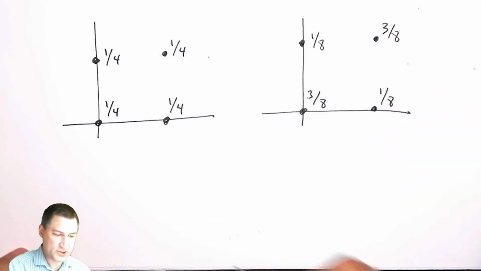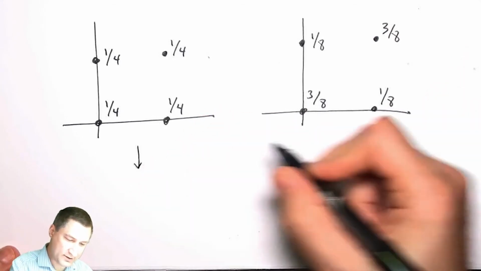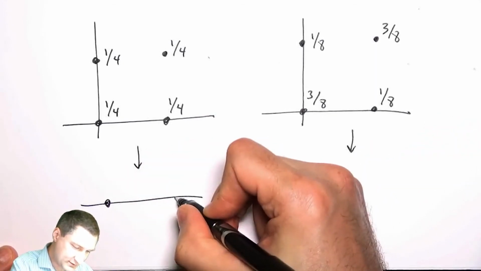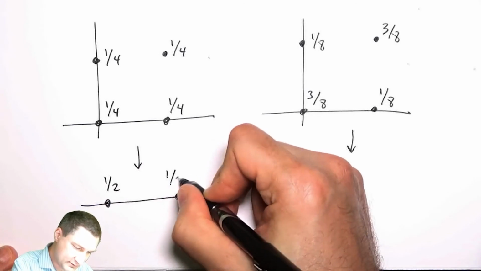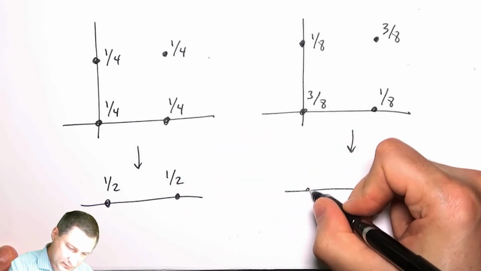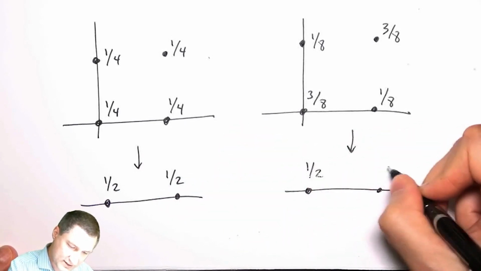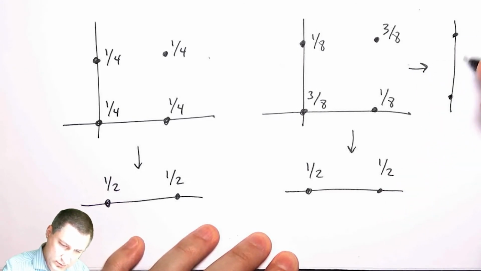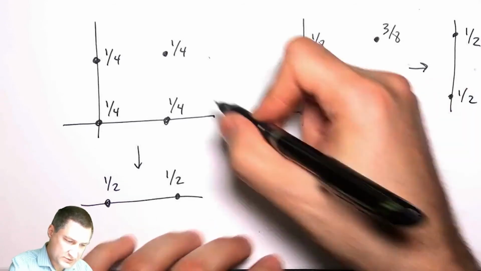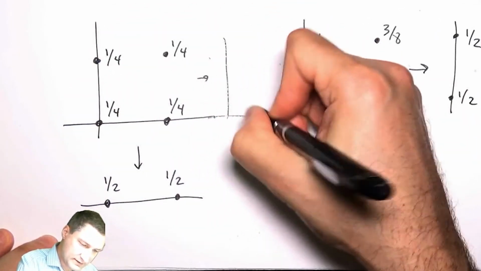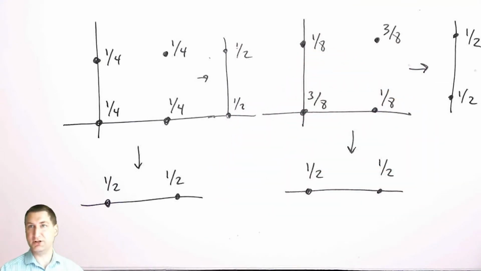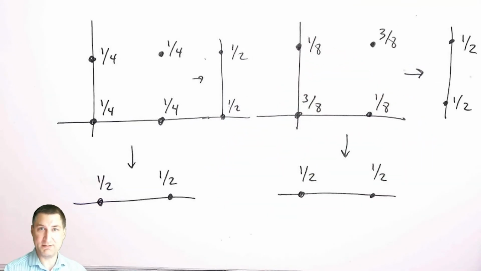If I add down the columns in both examples, I get 1/2, 1/2. Same thing going across the rows. So these two things result in exactly the same marginal PMFs, but clearly the joint PMF is very different.